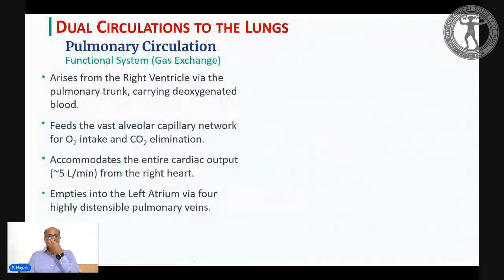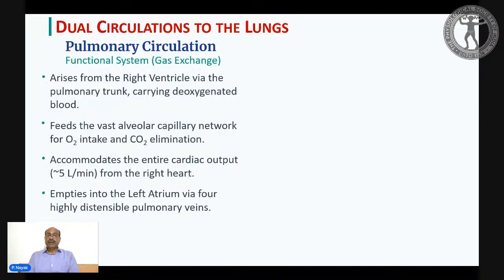The pulmonary circulation, as we have learned, arises from the right ventricle via the pulmonary trunk, carrying deoxygenated blood. It feeds the vast alveolar capillary network for oxygen intake and carbon dioxide elimination. So the gaseous exchange is taken care of at the alveolar capillary network.